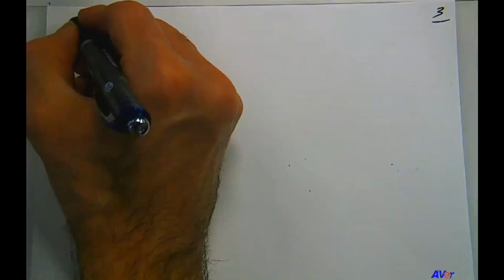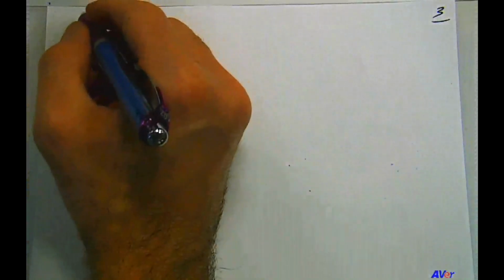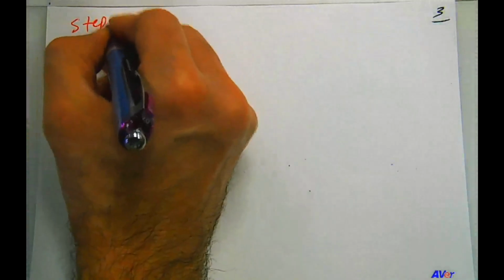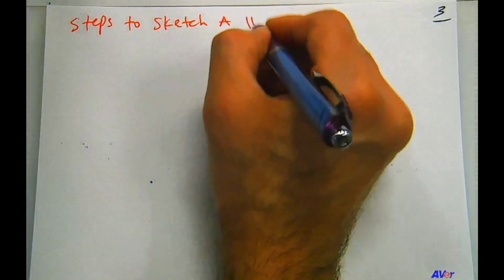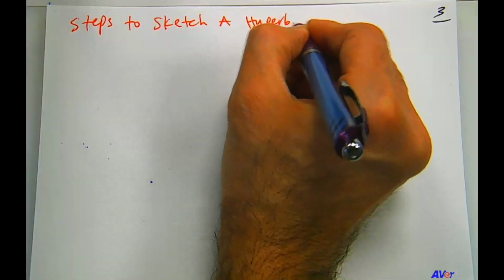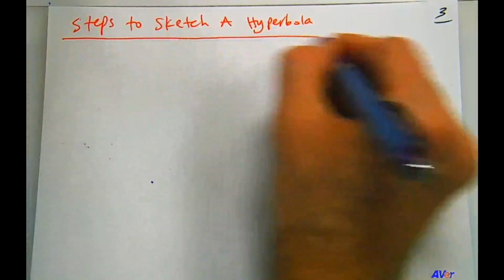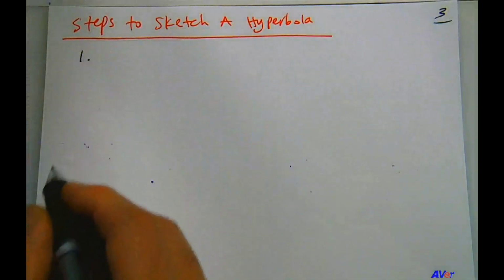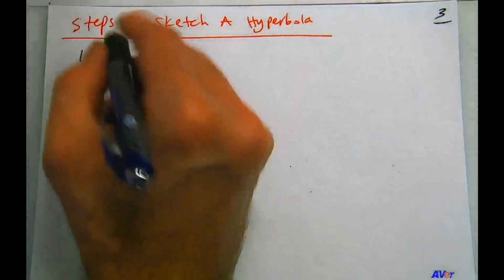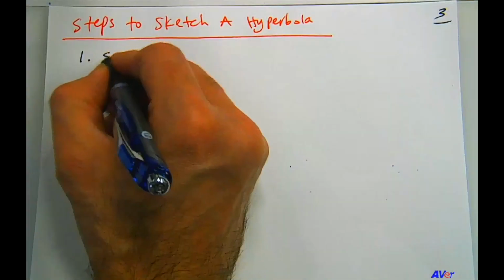Okay, so these are steps to sketch a hyperbola. First we want to sketch the central box.